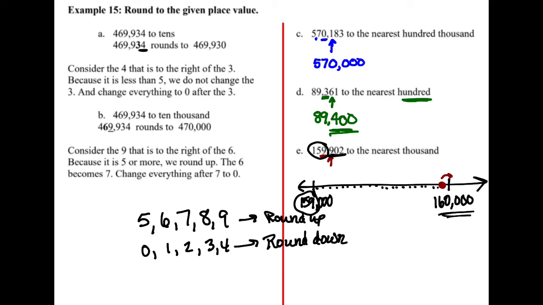So let's go back up here. When your number rounds the next number up, sometimes there's a chain reaction. Okay, so this 9 has to round the other 9 up, which in this situation rounds the 5 up. Okay, so 160,000 is your answer.